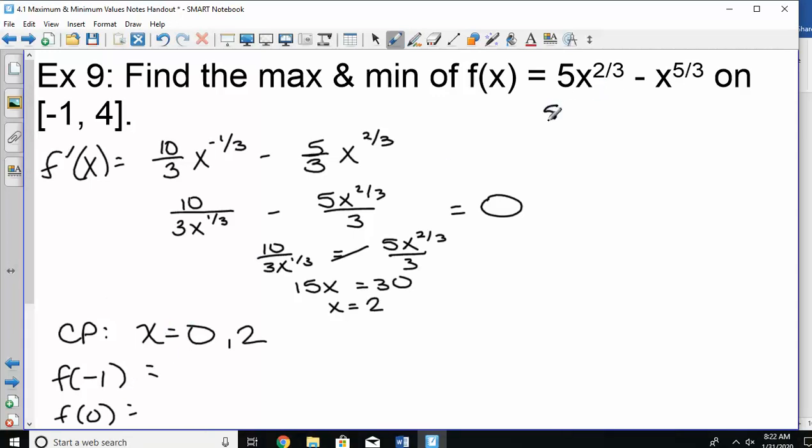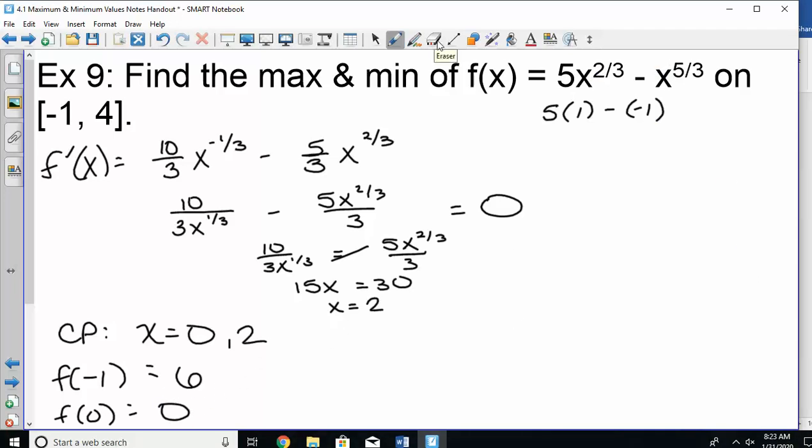If you put in a -1, a 2/3 means the cube root of -1 squared. What's the cube root of -1? -1, and -1 squared is 1. -1 to the 5/3 means the cube root of -1 to the 5th power, which would be -1. So you get 5 plus 1, which is 6. If you put in a 0, 5 times 0 minus 0 is 0.